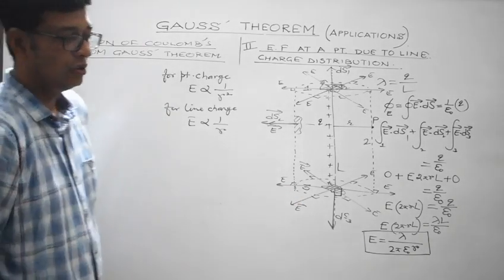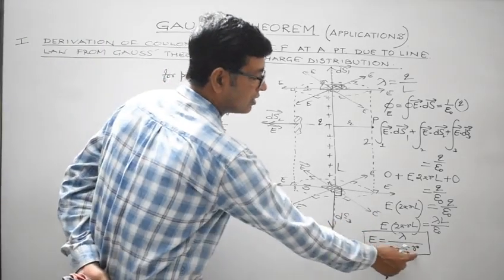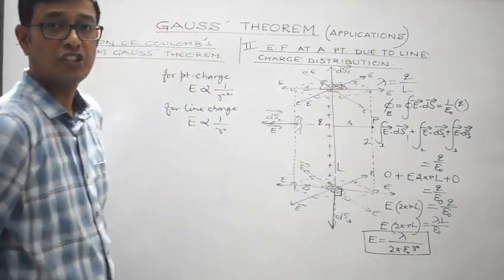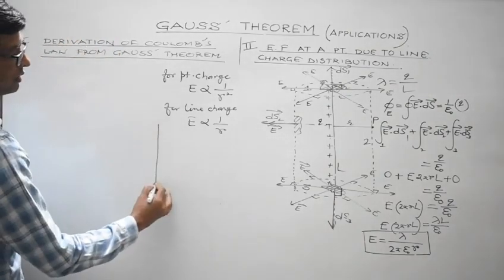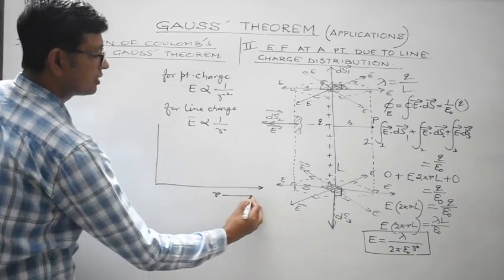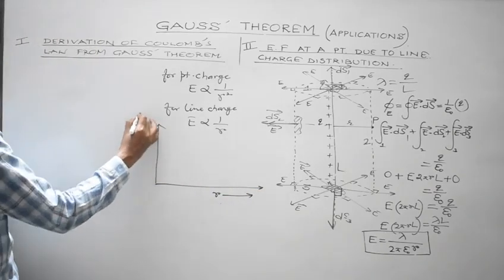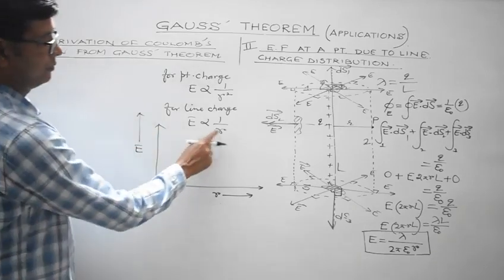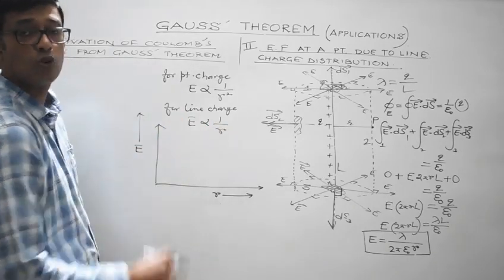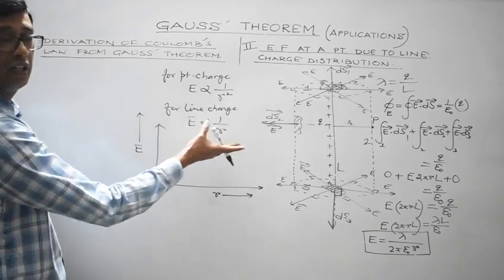We can also draw a graph showing the variation of electric field with distance r in the case of line charge distribution. So it is like this. Let us consider the x-axis to be represented by distance and the electric field along the y direction. Now E is proportional to 1 by r. So if r is 0, E becomes infinity and vice versa.